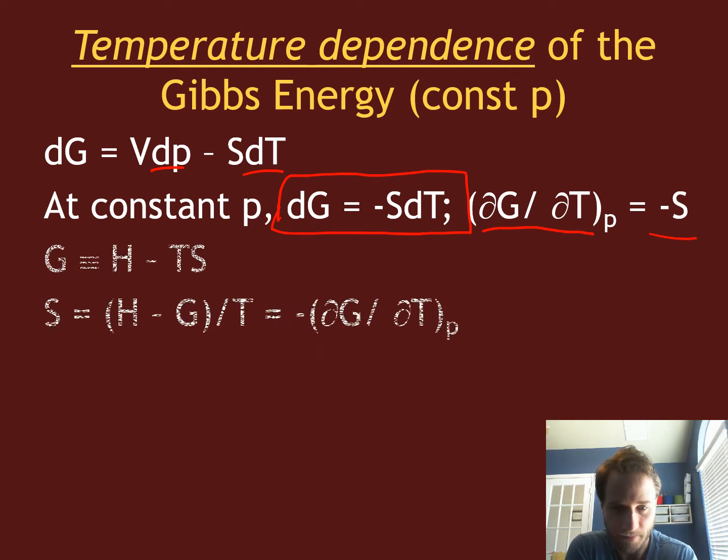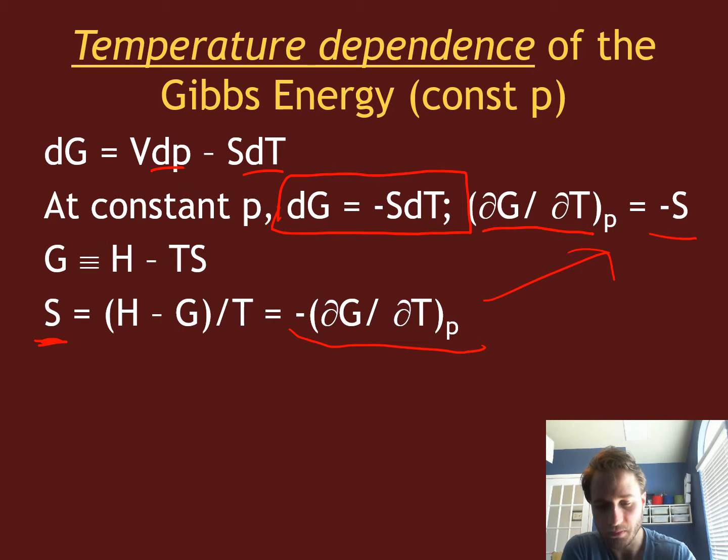Using the fact that the Gibbs free energy is equal to H minus TS, rewriting that, the entropy is equal to (H minus G) divided by temperature, which is equal to negative dG/dT from the relationship above.